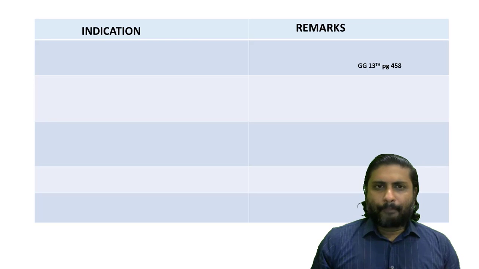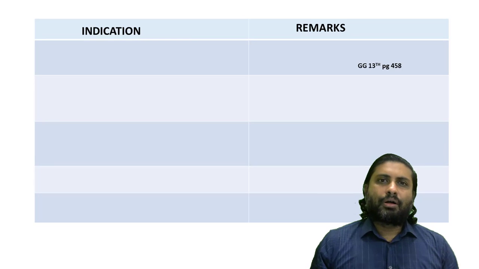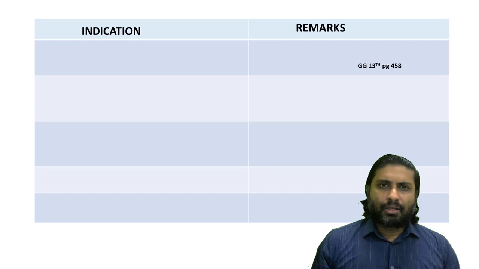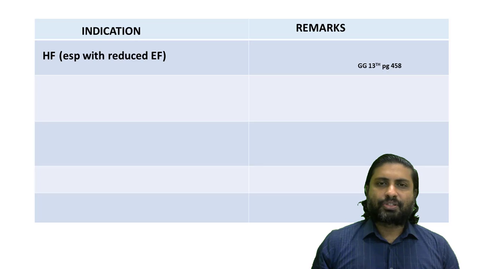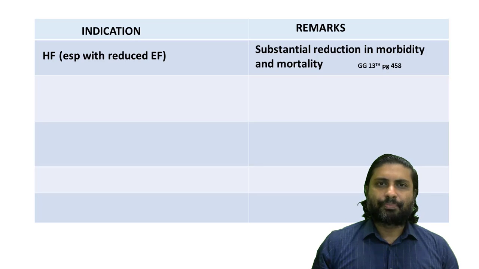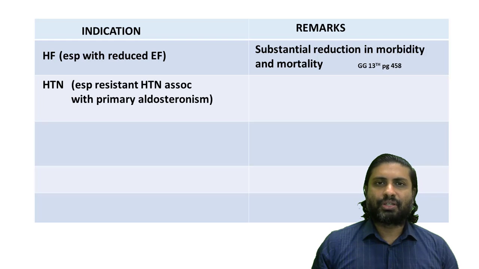Now, because it has got antagonistic effects at the mineralocorticoid receptor, spironolactone is useful in the treatment of heart failure, especially heart failure with reduced ejection fraction. Because it antagonizes mineralocorticoid receptors, it is useful in the treatment of hypertension, especially resistant hypertension, which is associated with primary hyperaldosteronism.